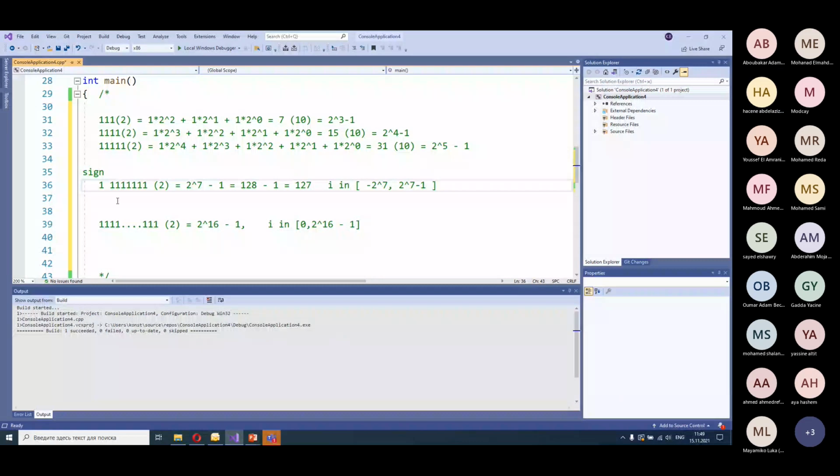And the same situation is for all the numbers. When we consider positive and negative numbers, we select one bit, and if this bit is 0, the number is considered as positive. If the bit is 1, the number is considered as negative. So the range will be from minus 2 power 15 up to 2 power 15 minus 1.